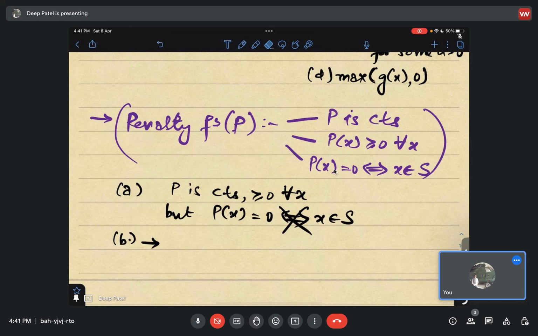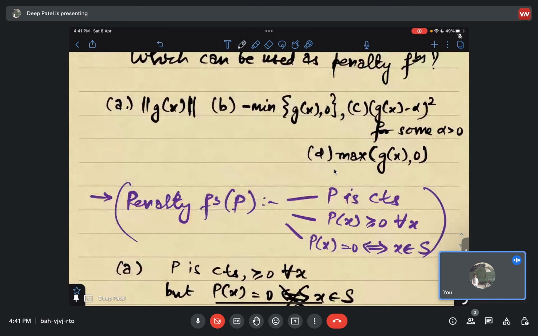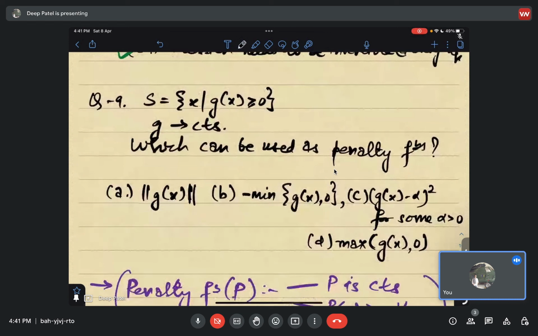How about B, minus of min of g(x) and 0? For the feasible region, g(x) is greater than or equal to 0, and hence the min is 0.